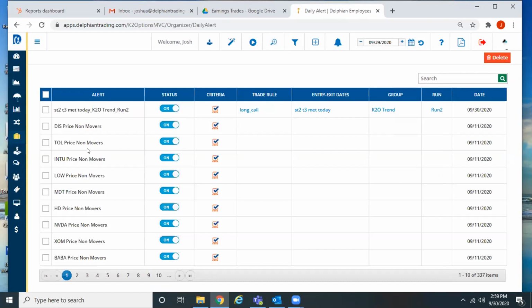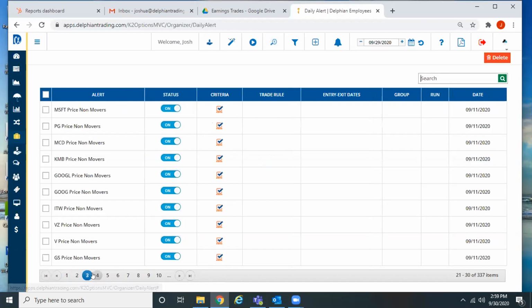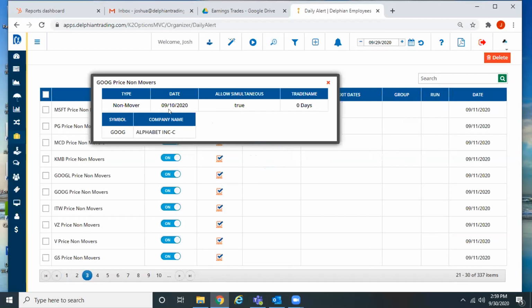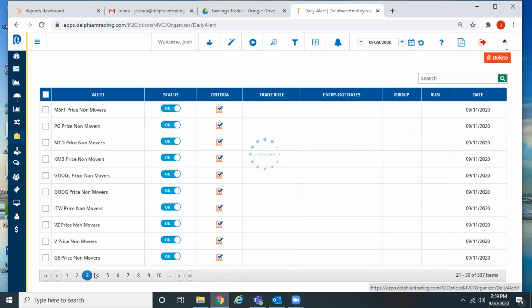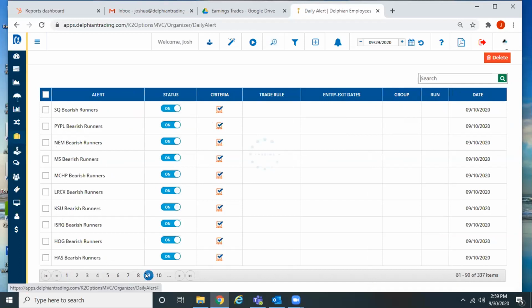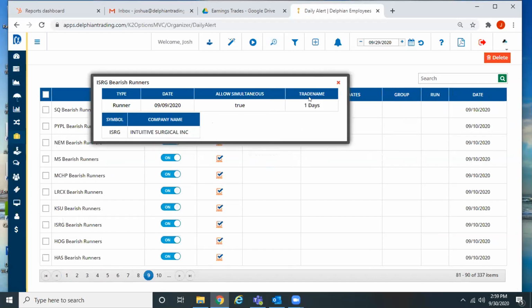The earnings ones are a little different. It just gives you what strategy it is. If you put Google in there, it just says non-mover. So it gives you the entry day, one day after.